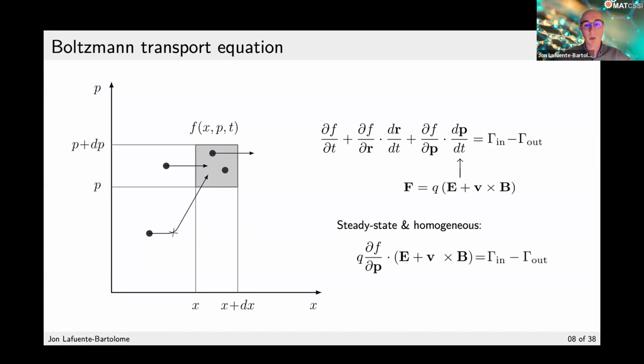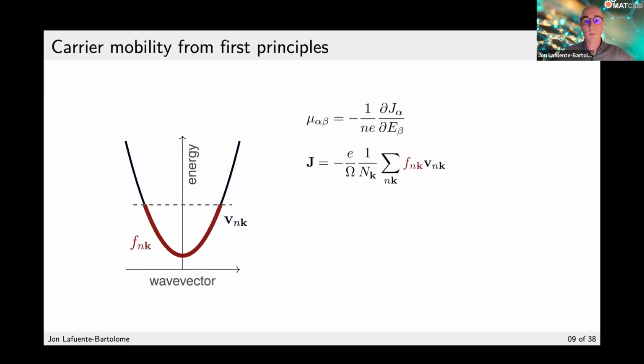But first, let me show you how one can translate this notion of probability distribution function and Boltzmann transport to the case of solid state physics and electron bands. In a solid material, as you know, the electron states can only occupy certain discrete levels that are typically shown in these energy versus wave vector diagrams, which are called band structure diagrams, right?